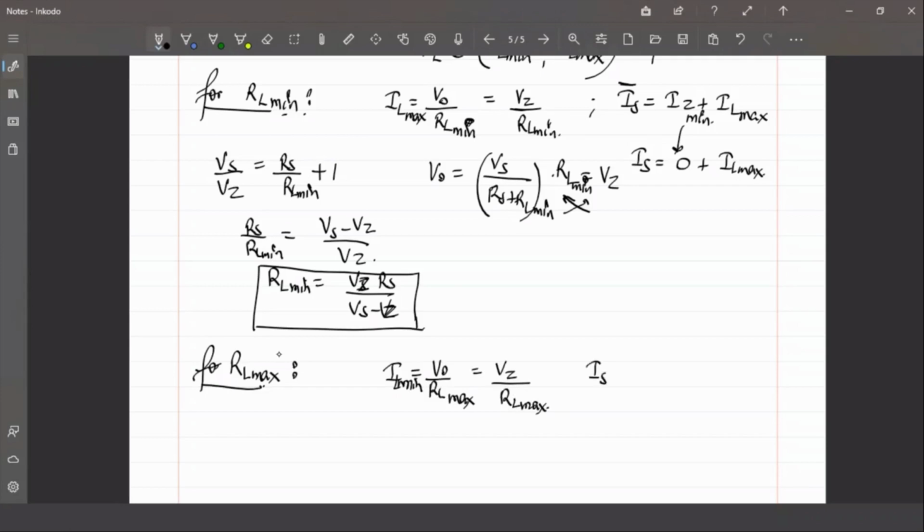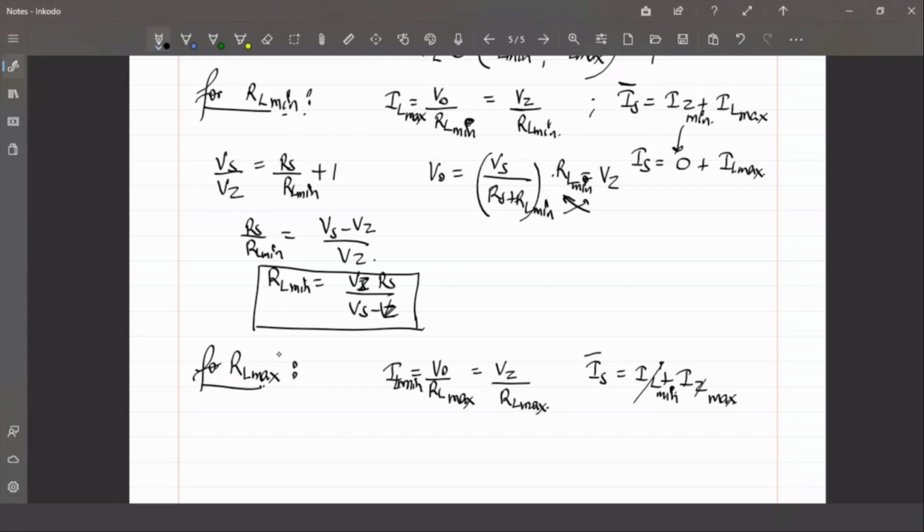Also we have seen IS is equal to IL plus IZ, and IS is fixed, since the input side voltage is not changing. So IL has now become IL minimum. That means IZ has to become its peak value. Why does IZ have to reach its peak value?